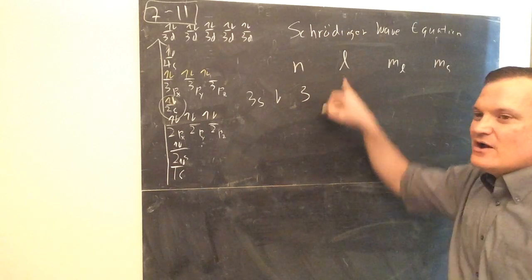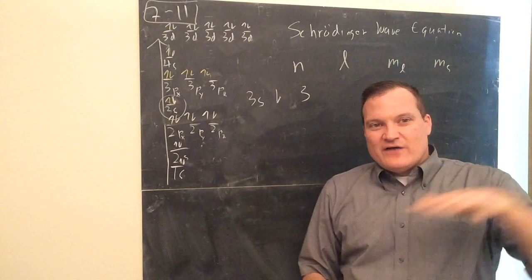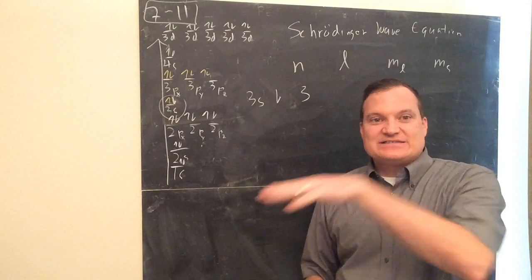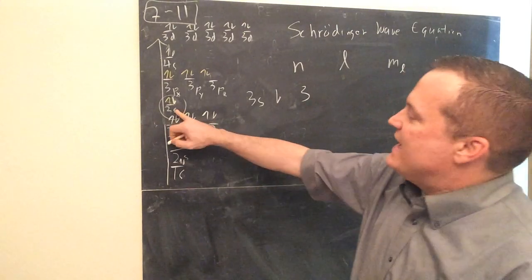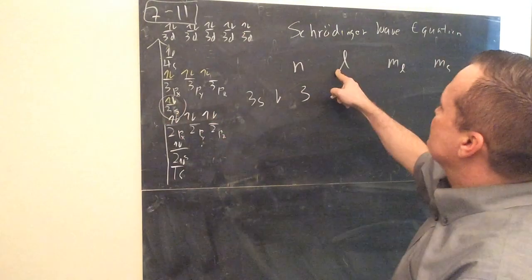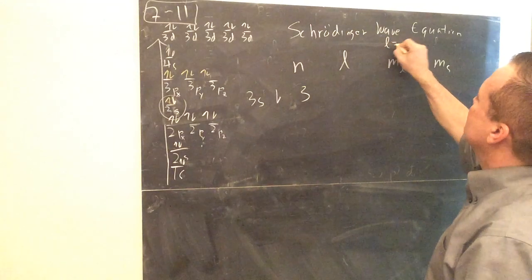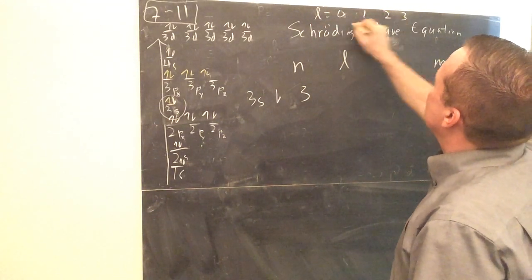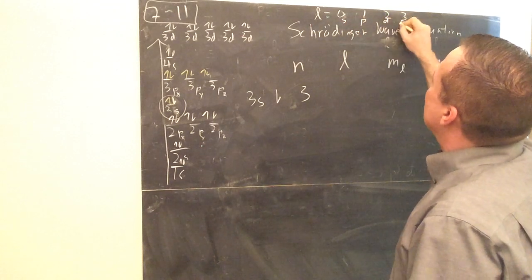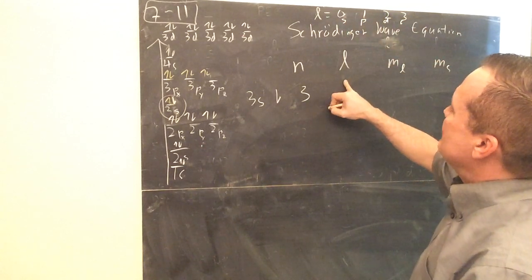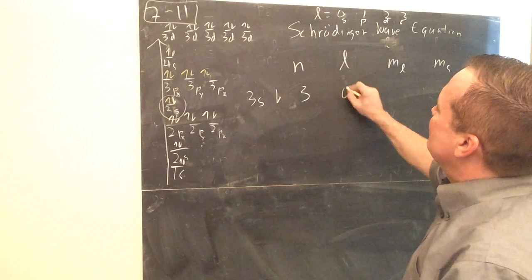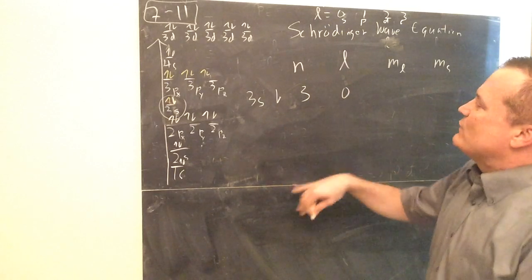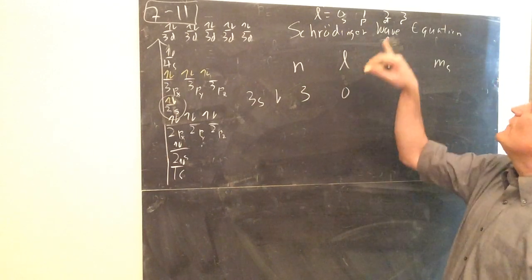L tells me what wing of the hotel it's in: S, P, D, or F. It's in an S, and you need to remember that L equals 0, 1, 2, 3 for S, P, D, F. So if it's in a 3S, L equals 0. If it were a 3P, then L would equal 1.